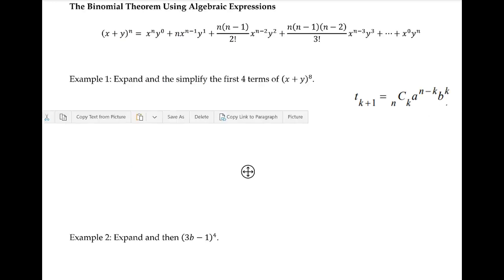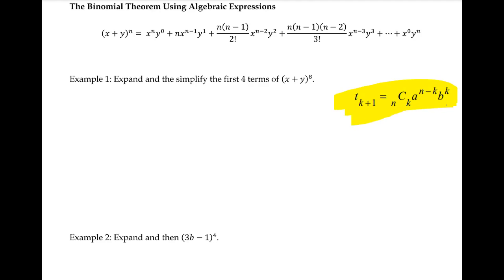Okay, so in general, again, this formula is going to be what we can use to determine any term. So it says expand and simplify the first 4 terms. So instead of trying to multiply all of them out and simplify everything, I can actually use this formula.